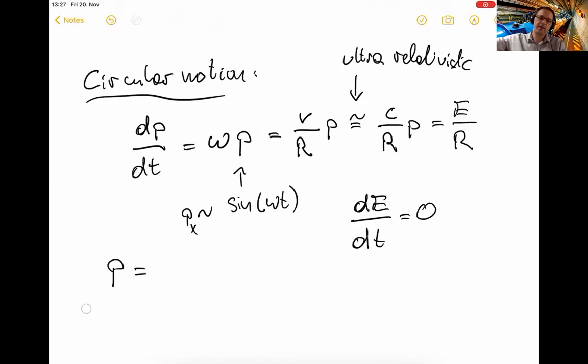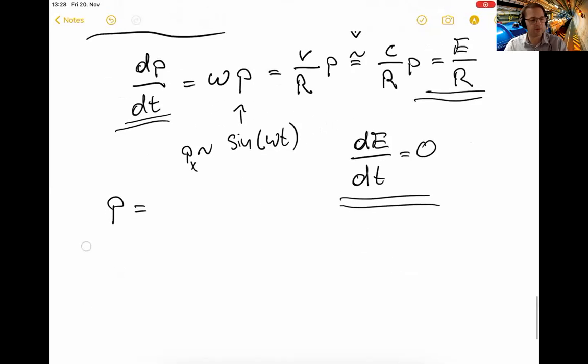It is an acceleration because the path is bent, but the energy does not change. So with these two results, we go into Larmor's formula, and it is q squared times c divided by 6 pi epsilon 0.